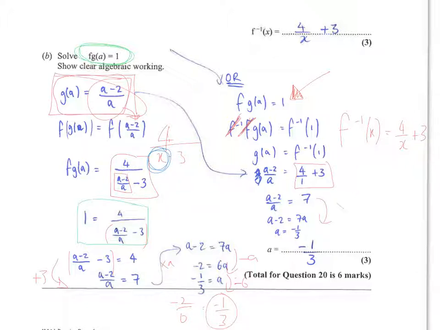Again, times by a, then minus the a and divide by the 6, which is what we did over here, leaving me with the same value, a equals minus a third.